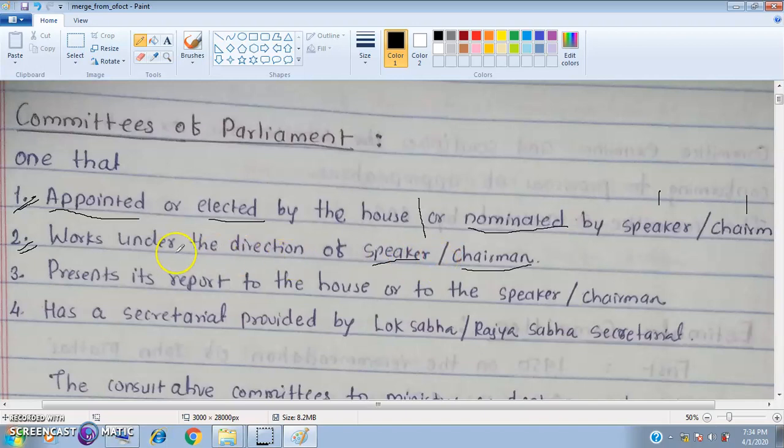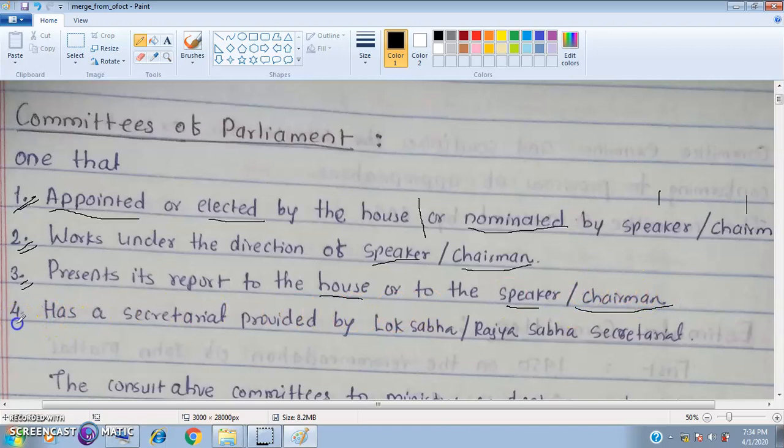Obviously, these parliamentary committees would have their own chairman, but the ultimate authority would lie with the presiding officers of individual houses. Third, after its work, the committee has to submit its reports to the House or the presiding officers.